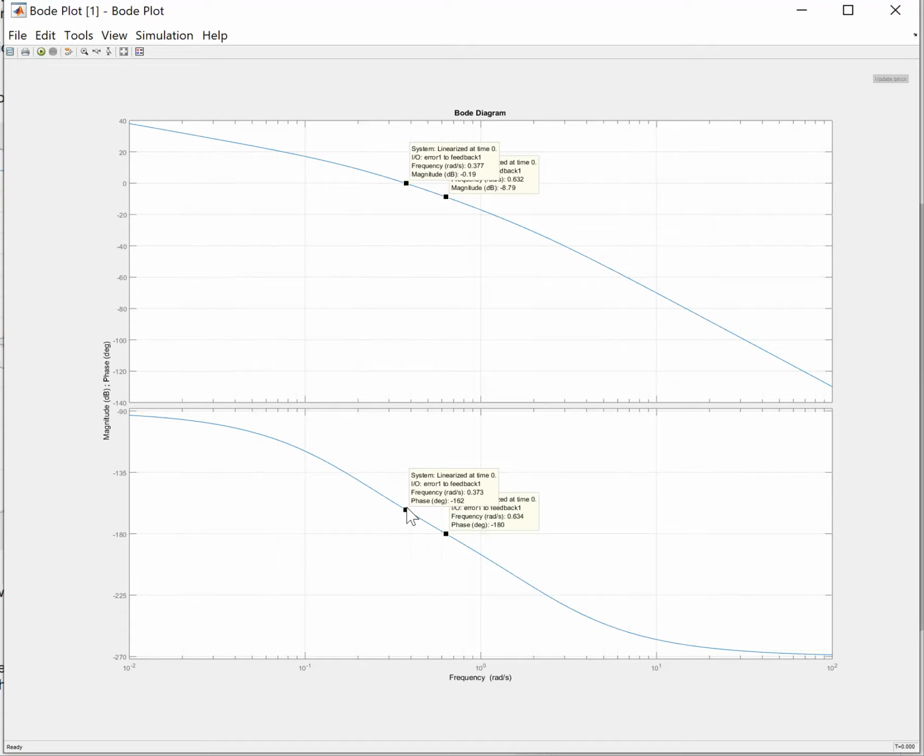So at minus 162, the difference between there and minus 180 is only about 18 degrees of phase margin.